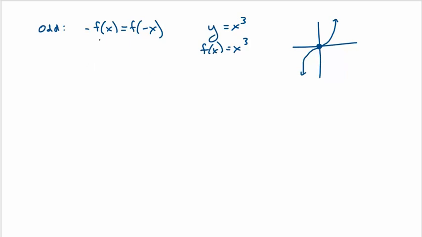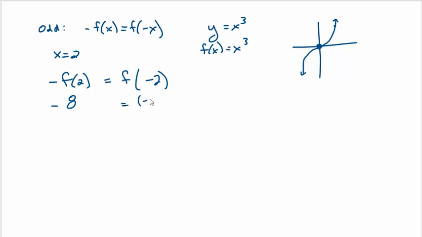All right, so it has this characteristic right here. If we let x equal 2, what this would be saying is if you did f of 2, which is 8, and you took the opposite of that, that would be the same as if you did f of negative 2.